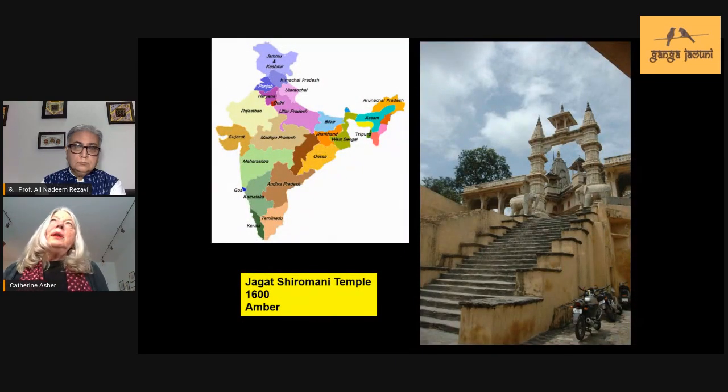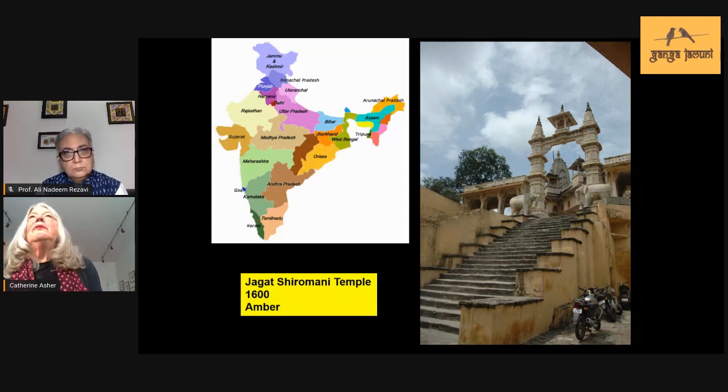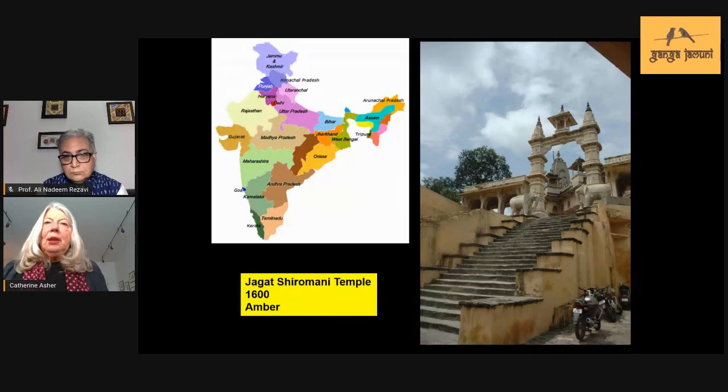In his own homeland, in his own Watan Jagir at Amber, he builds a large temple, not as large as the Govinda Deva, but large enough, which is known as the Jagat Shiromani.